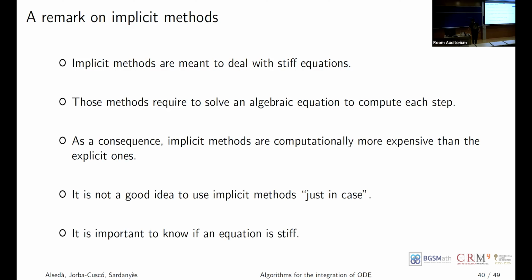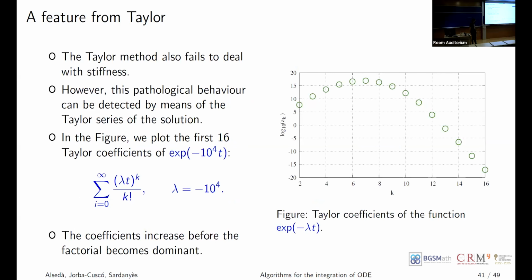And if you can, you should know whether an equation is stiff or not. A feature of Taylor method is that, like most explicit methods, it fails to handle stiff equations. Taylor is no exception, but Taylor can detect that an equation is stiff. So it fails, but it knows why.